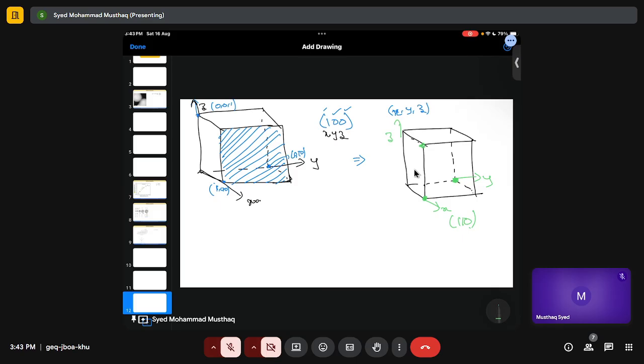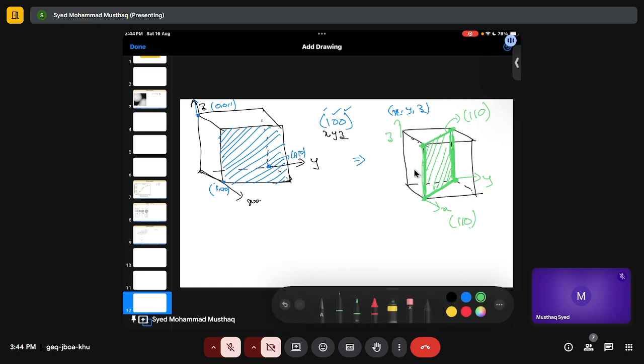So let's say it cuts x and y, so this is my line. Now it should be a plane, and it shouldn't touch z, so it should be parallel to z. So this is my 110 plane. 110 or 101, anything, depends on where you are cutting the axis.